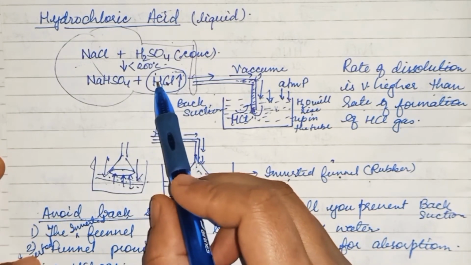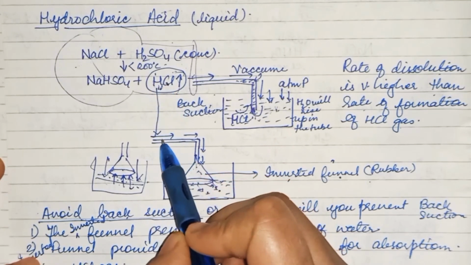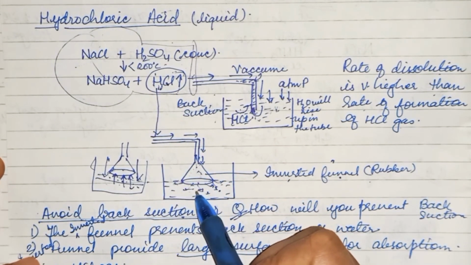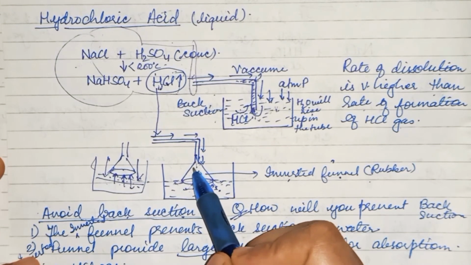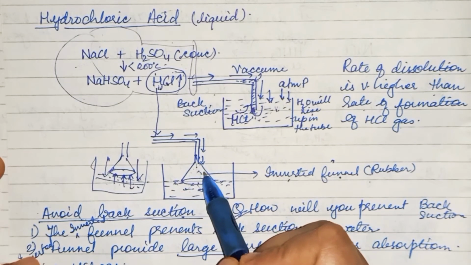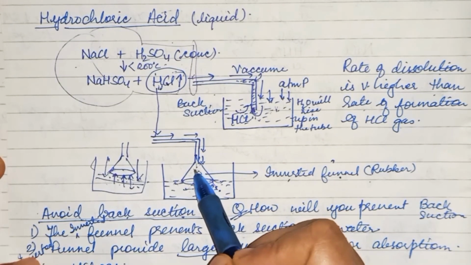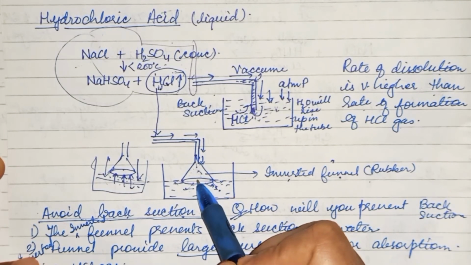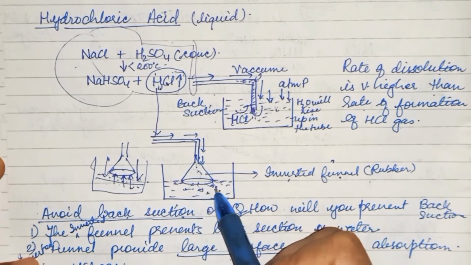The same thing will happen here. Gas will form from this reaction. It will come here through the tube, but it is not getting directly dissolved in the water. First it will collect here in the funnel, and this funnel has a large surface area. The gas will be collected in this surface area, and after the collection of gas, it will start dissolving in the water.